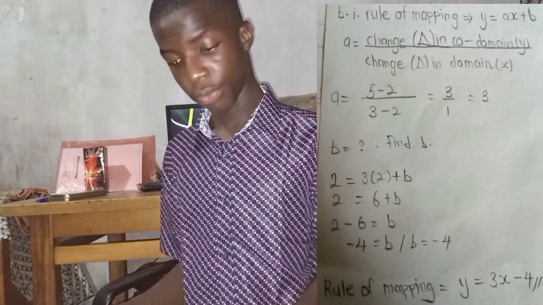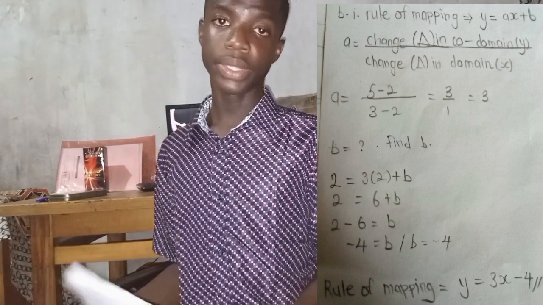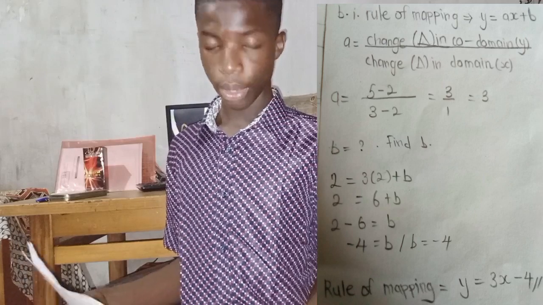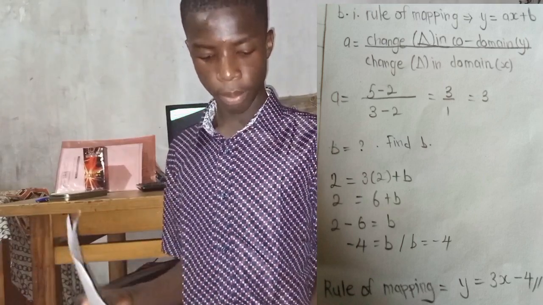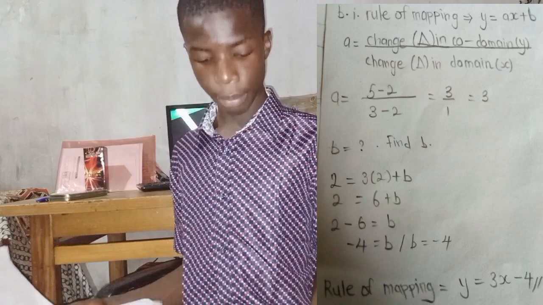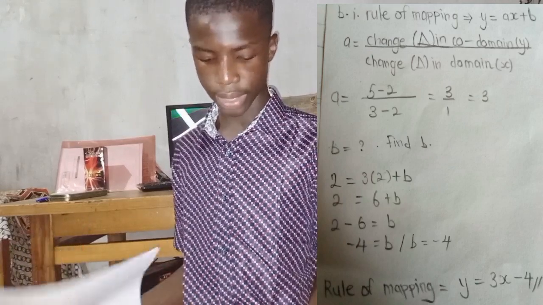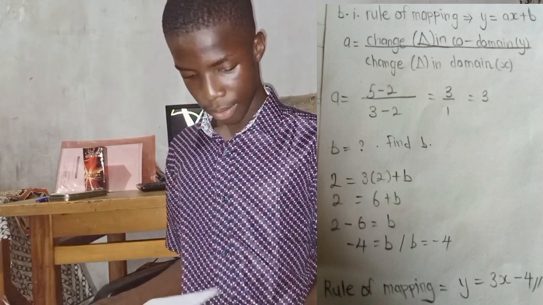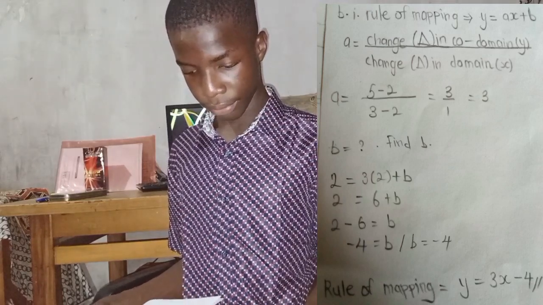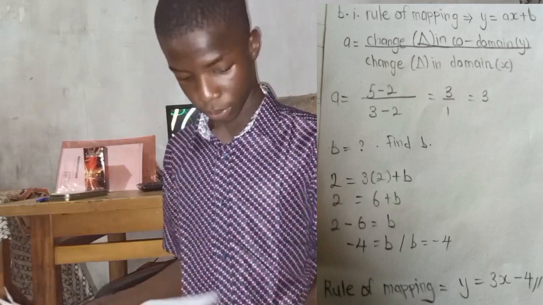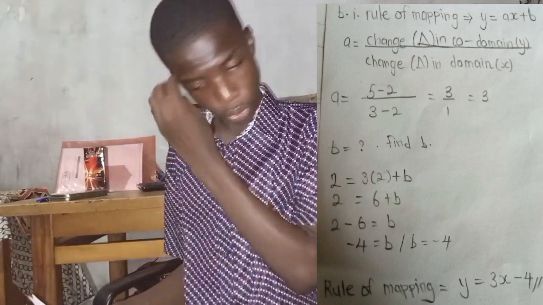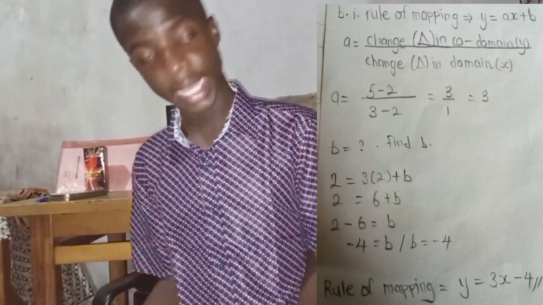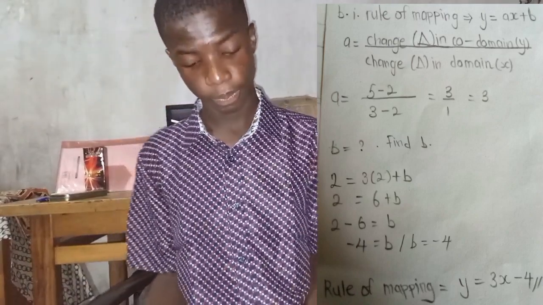So a will therefore equal, we take two pairs of numbers from the mapping. I choose to take 3 and 5, and I take 2 and 2. So 5 minus 2 over 3 minus 2. So therefore our a is equal to 3.